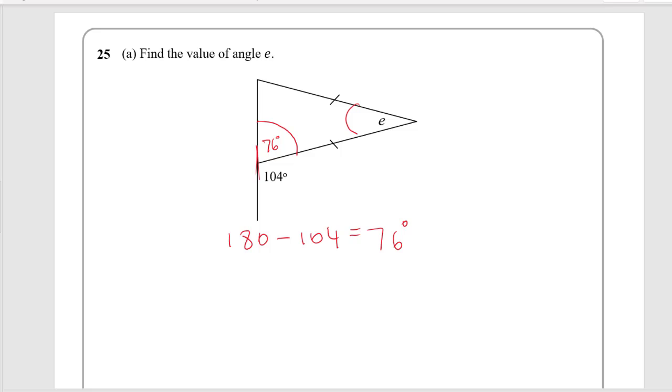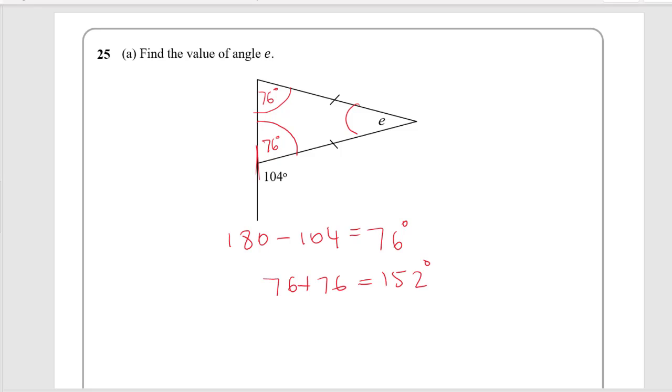76. Now because it's an isosceles triangle, the base angles are the same, so this is 76 as well. Now to find E, what we need to do is add 76 and 76. So 76 add 76, and that will give us an answer of 152. If it's a calculator question, always double check. I always like doing things in my head.